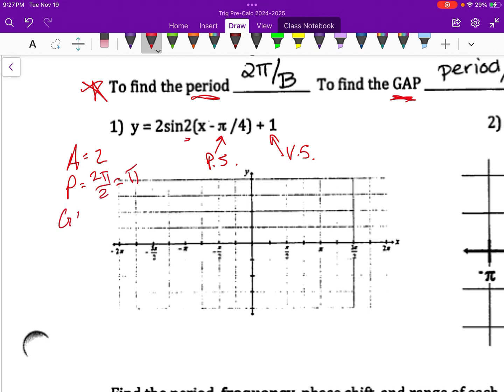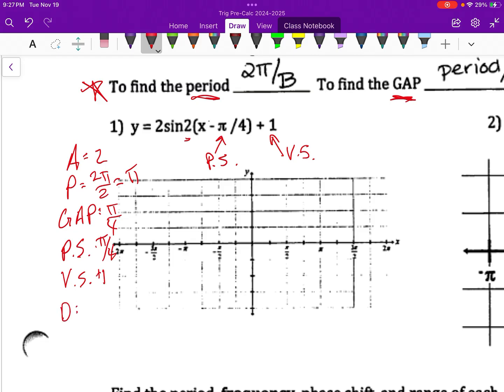Give yourself the gap value, which is going to be pi over 4. And you should also be able to find the phase shift, which in this case is pi over 4. And the vertical shift, which should end up being positive 1.